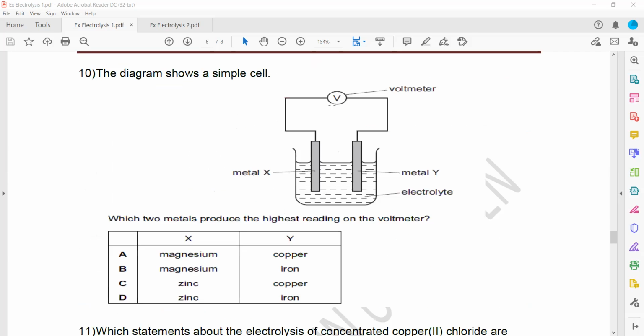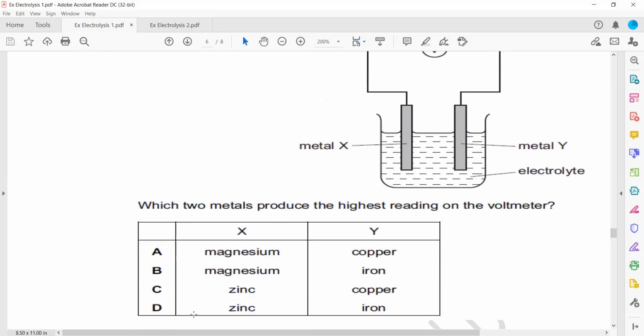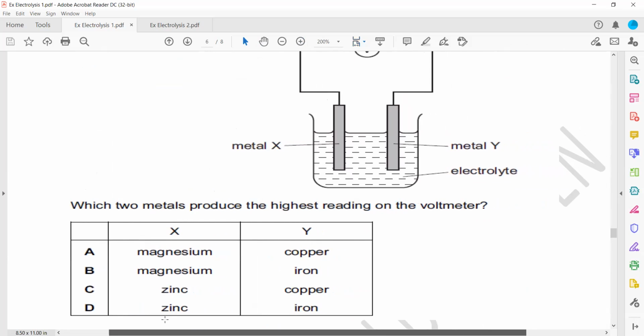The diagram shows a simple cell. Which two metals produce the highest reading on the voltmeter, or highest voltage?